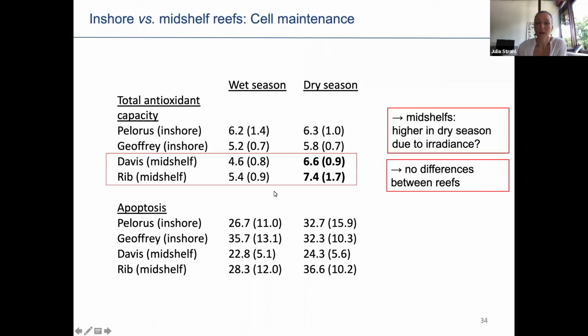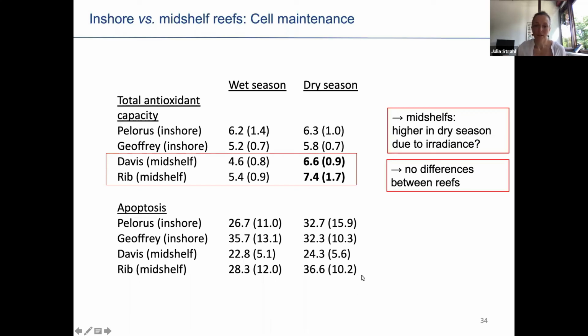The only thing that we could see was that the midshelf reefs slightly upregulate their total antioxidant capacity, and this is probably due to the fact that you have higher levels of irradiance during the dry season in the midshelf reefs, and this can increase the level of ROS production, reactive oxygen species, due to higher photosynthetic activity, and they protect their cells by upregulating cell protective capacities.